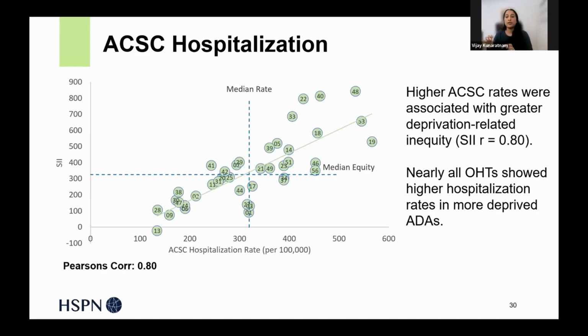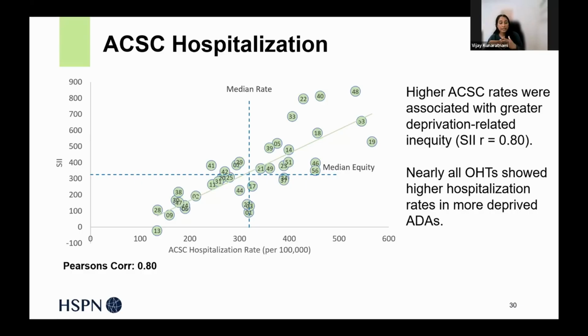When we're looking at which corners of the chart are best or worst, the bottom left is the best place to be, because you have lower ACSC rates overall and smaller gaps between more and less deprived communities. The top right is the worst place to be, because you have higher rates of ACSC, but you also have larger inequities between the more and less deprived communities.